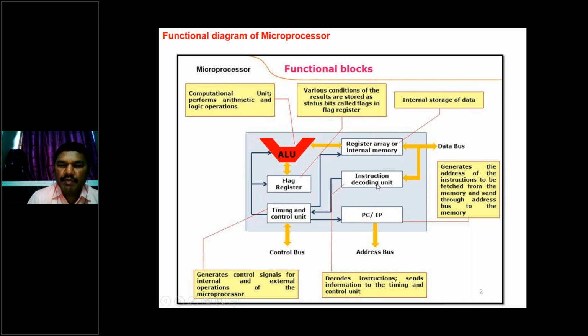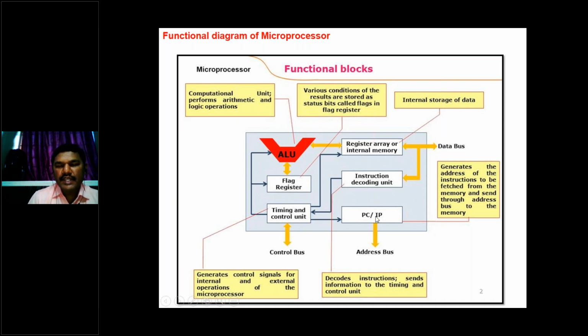Instruction decoding is a part of the control unit. And the timing and control unit generates control signals for internal and external operations of the microprocessor. The instruction decoder decodes instructions and sends information to the timing control unit. That's why these two units are called the control unit.